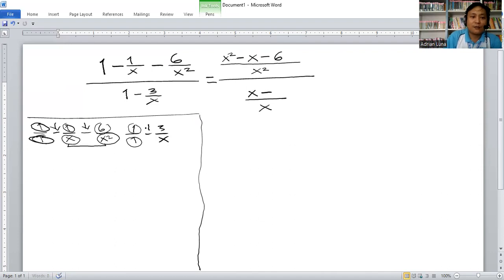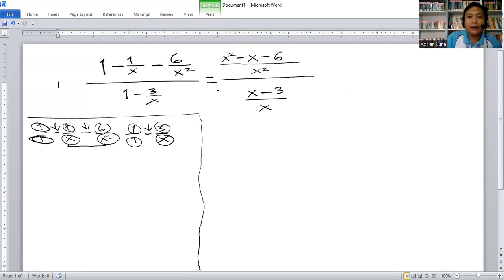Minus, because it is subtracted. The LCD x divided by this denominator x is 1, times 3, equivalent to 3. So we have represented the original complex fraction with this fraction.